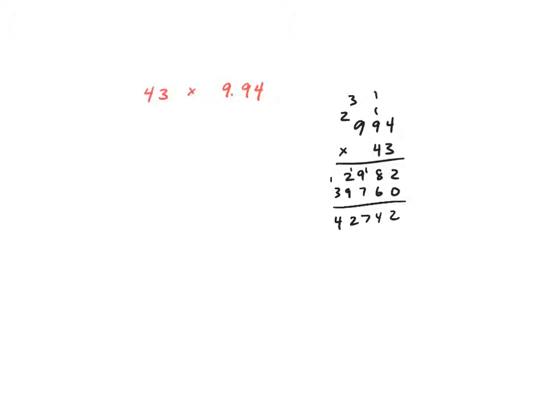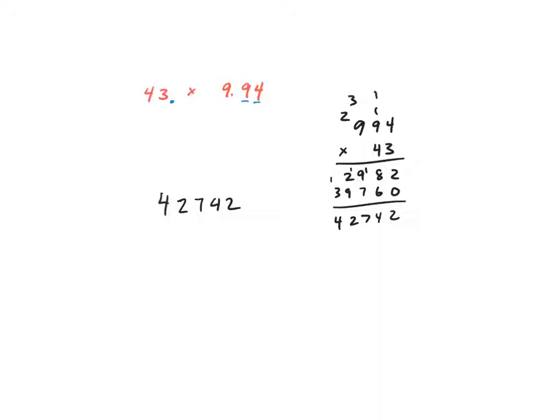So I have 42,742. So I know those digits are going to be in my answer. I just don't know yet where the decimal is going to be. But if I go back and look at my problem, I have a decimal right here and nothing after it, and I have 1, 2 digits after the decimal in my second factor.